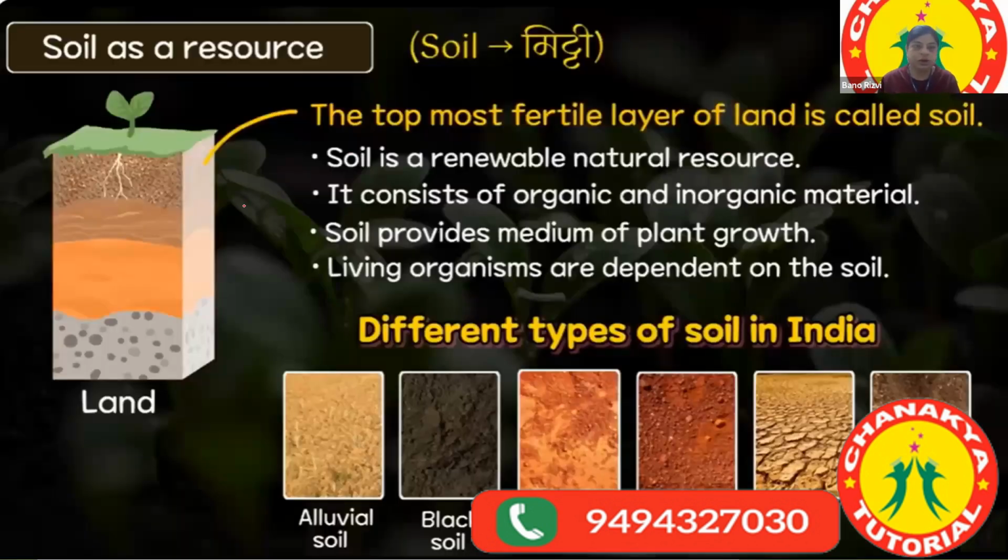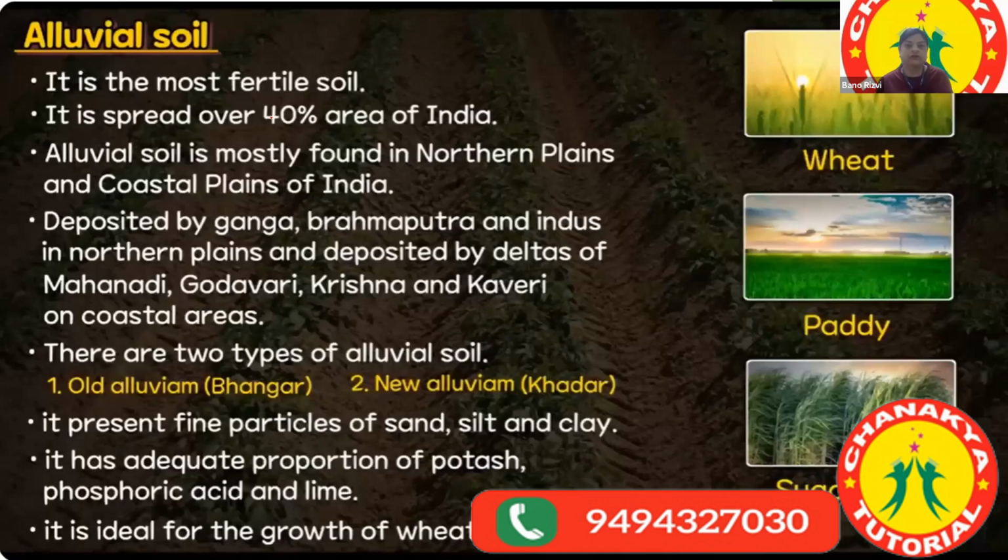Now we are going to talk about the different types of soils in India. First we have alluvial soil. Can anybody read this for me? Aryan, are you there? Yes, ma'am. Yes, Aryan, read this for me. Alluvial soil. It is the most fertile soil.